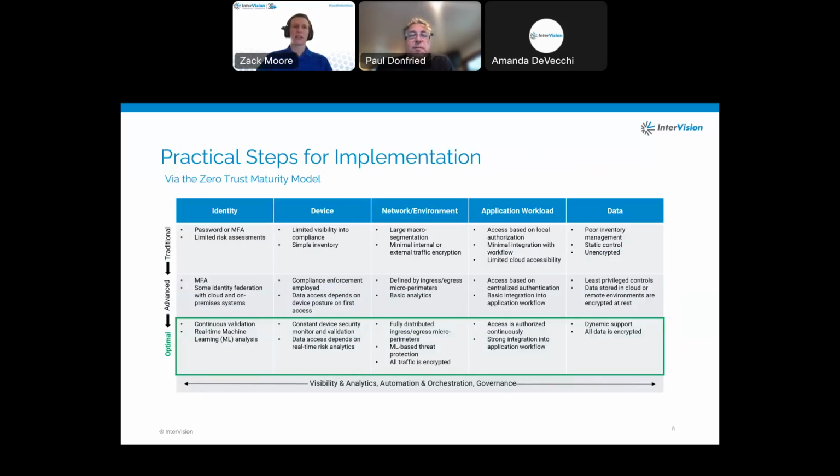So let's move along and let's talk about some practical steps for implementation. Viewers may be familiar with this image here. It is the Zero Trust Maturity Model.